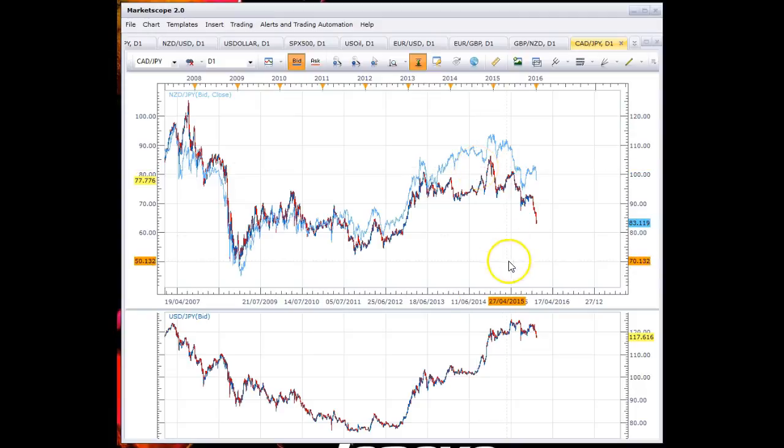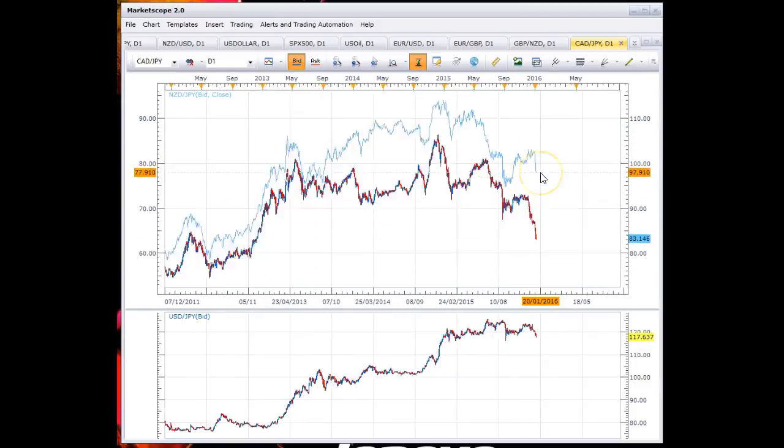There's a difference between cutting or tightening and not enlarging the size of the QE program, as we saw with the ECB. They're still pursuing QE, but not to the extent that the market would like it to, and therefore the Japanese yen has appreciated sufficiently enough for the carry trade to begin to look a little bit overpriced.